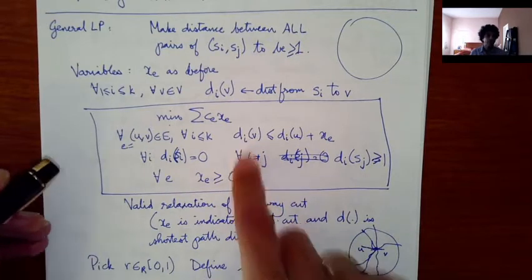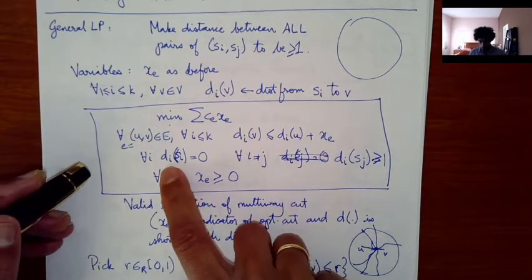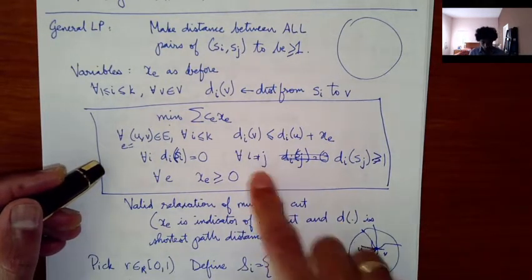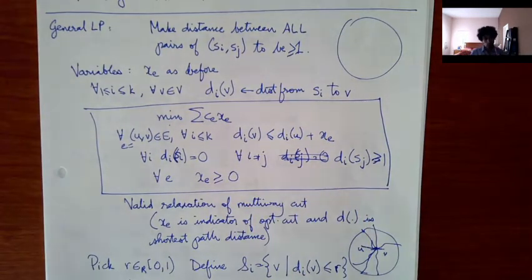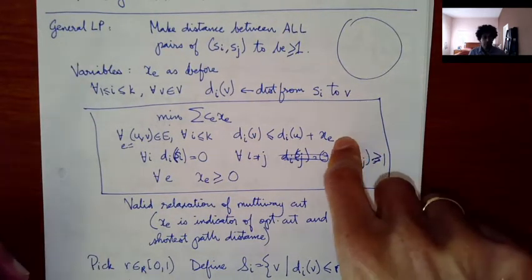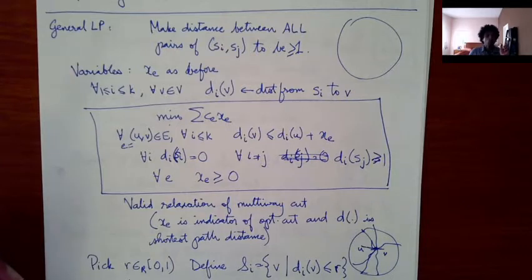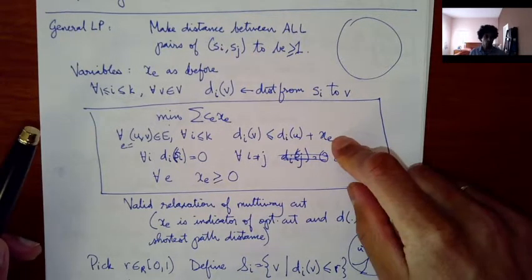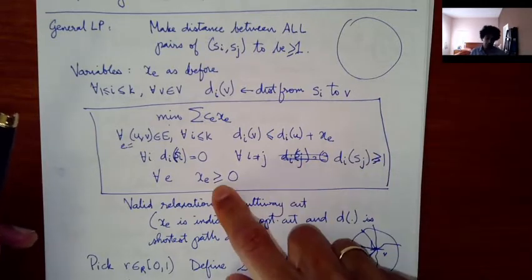So you have a d_i from each source. So d_i of s_i is 0. d_i satisfies all the distance conditions. d_i of s_j is greater than 1. So the distance between the terminals has to be more than 1. And you want to choose x_e's, which is the cost of whether you're going to cut that edge or not, and that's what it would be in the IP. And in the LP, it's just greater than or equal to 0.